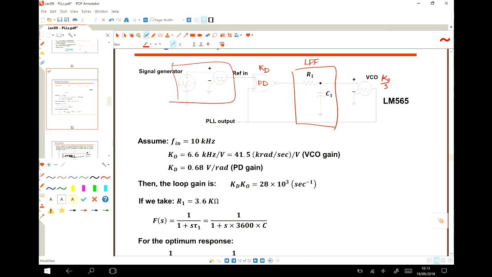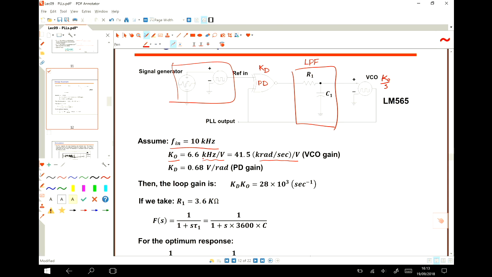And then based on what we had, the frequency is given, the KO is given, and just consider that KO here is hertz per volt, and you have to change it to radian per second per volt. Okay, because then I want to multiply this by volt per radian and then get a number based on 1/2.